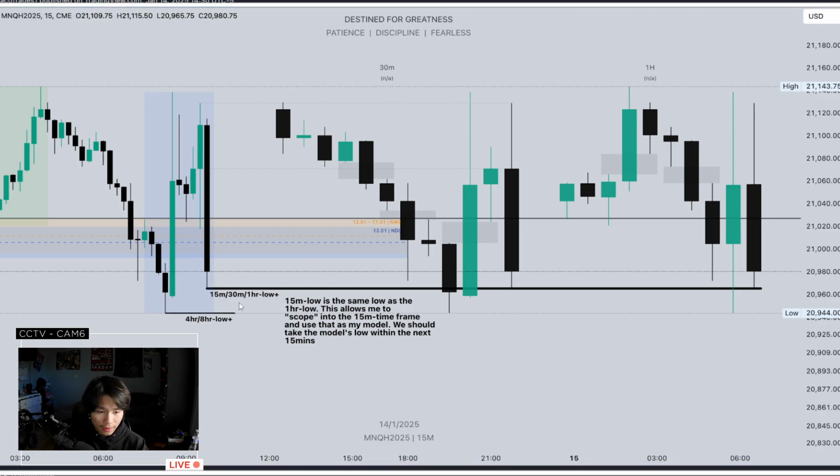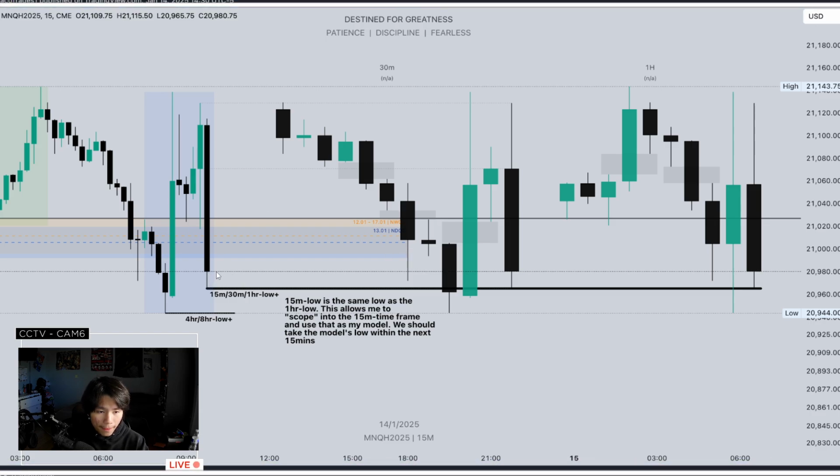And referring to how I said that the hourly low and the 4-hour low are 2 separate lows, the idea for this trade is that we should continue to go lower after taking out that hourly low to attack the 4-hour low.